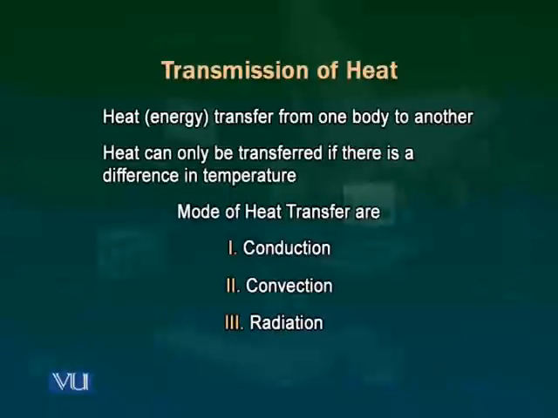Now, let me pose another question. What is the mode in which a piece of very hot iron, dropped into this liquid, is going to lose heat? The first mode here is conduction. The piece of iron is in contact with the water, and because it is in contact with the water, it loses energy through conduction.